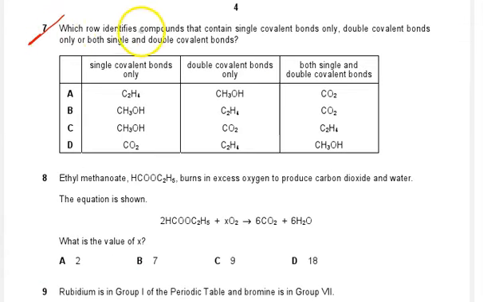Which row identifies compounds that contain single covalent bond only, double covalent bond only, or both single and double covalent bond? Now for double covalent bond, it must be under the alkene group.